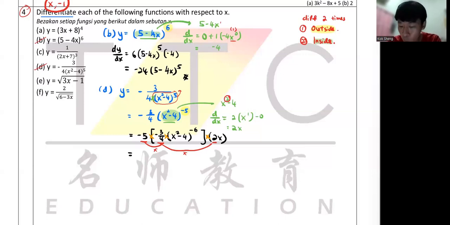Wow, 15/2. Okay. 15/2x, I write in the x. And the bracket.